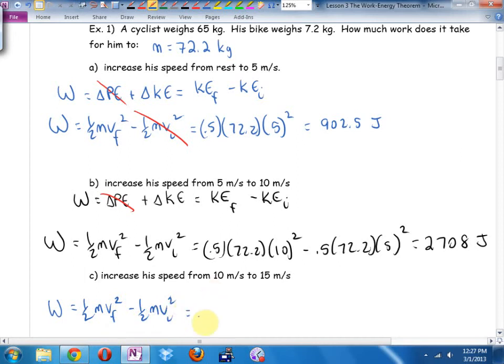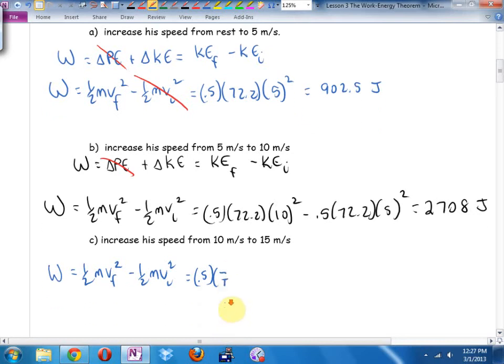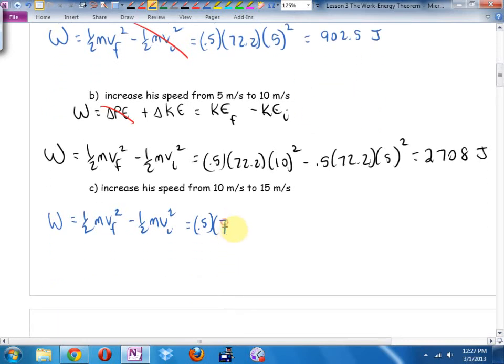It's going to be 0.5 times 72.2 times 15 squared minus 0.5 times 72.2 times 10 squared. You're going to get a bigger answer than B, even though it's still a 5 meter per second increase.